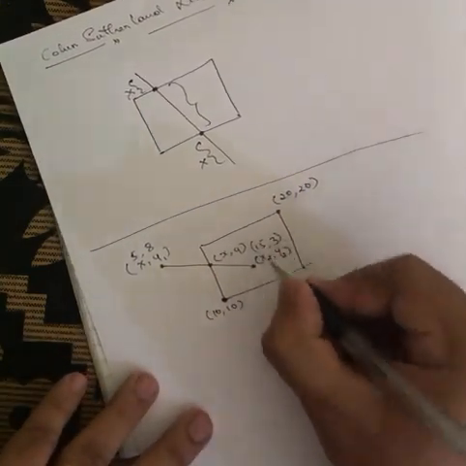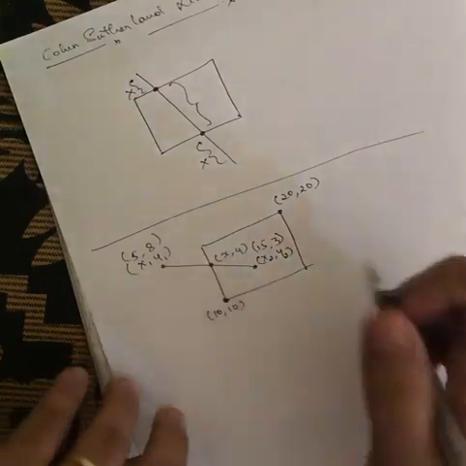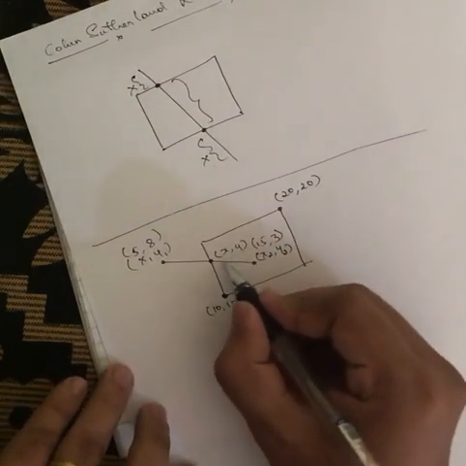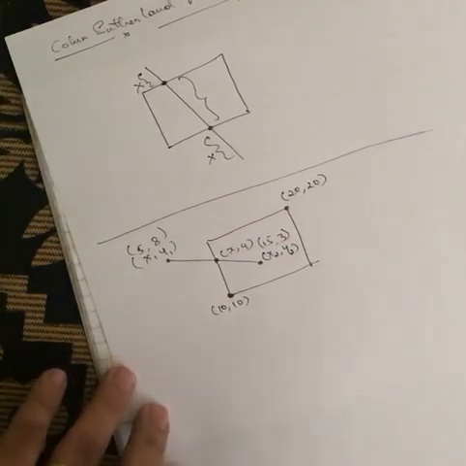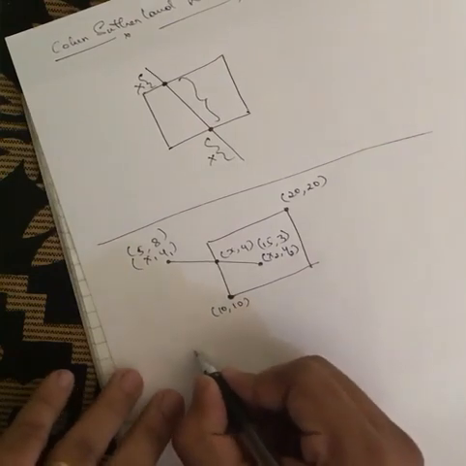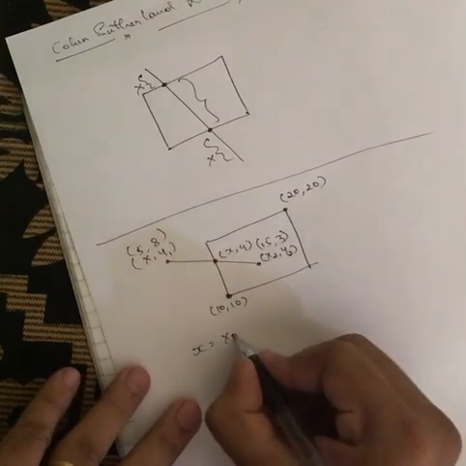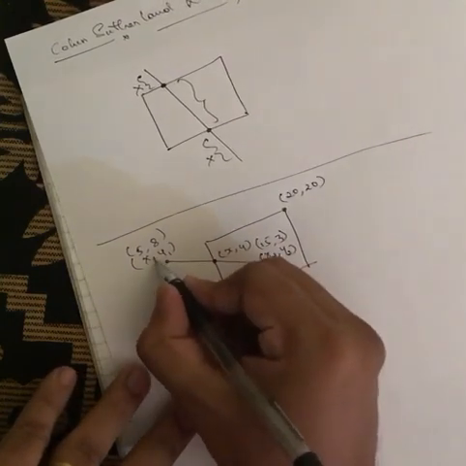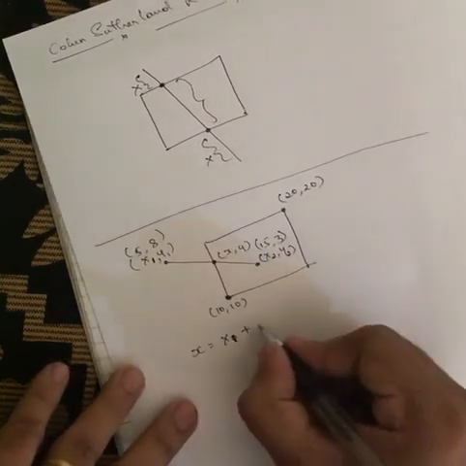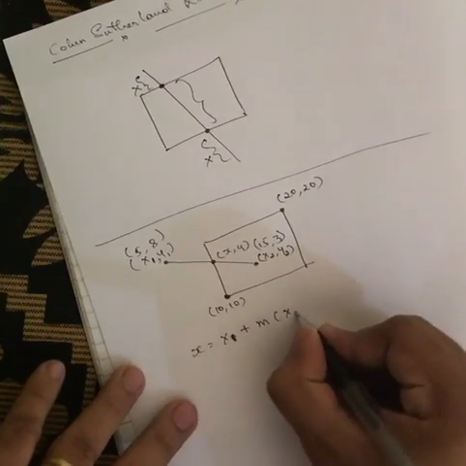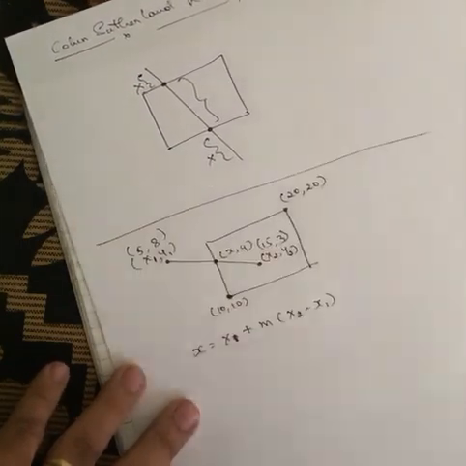If I know these three things, then I can find x comma y, which is the intersecting point. What is the formula to find x and y? x can be given as x1, the initial point, plus m into x2 minus x1.